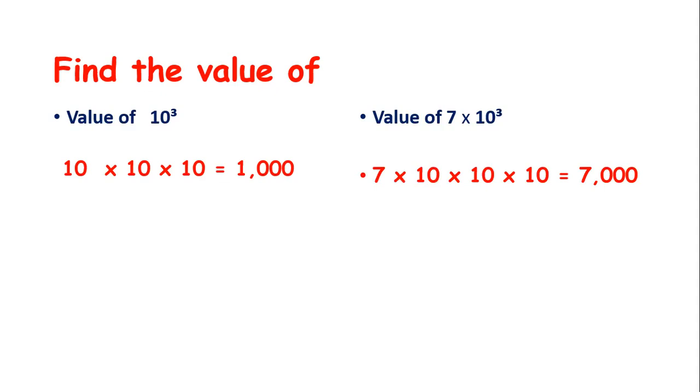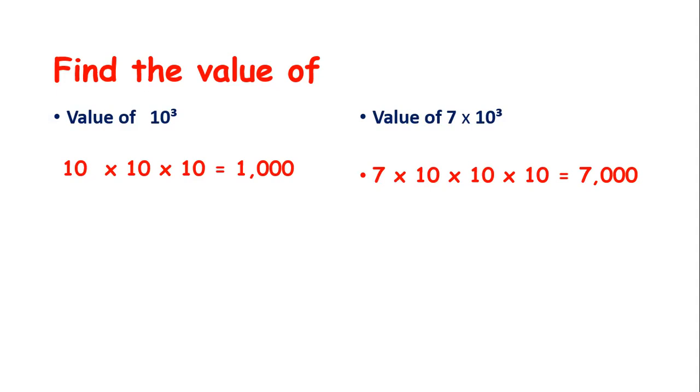And the answer will be 7000. So these are some of the questions you will be solving in this lesson. You will be asked to find the value of an exponent, and also to write a repeated factor in exponent form and word form.